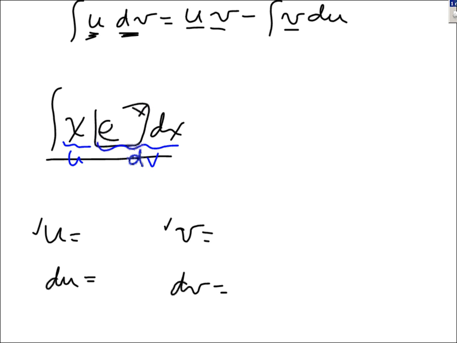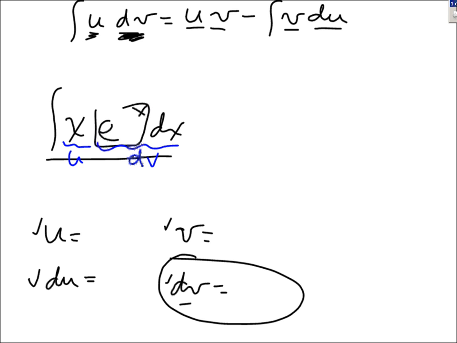On the right-hand side, I don't need dv, but on the left-hand side, I need dv to get v. I need everything I wrote down. u is x. So then du will be dx. dv is e to the x dx.